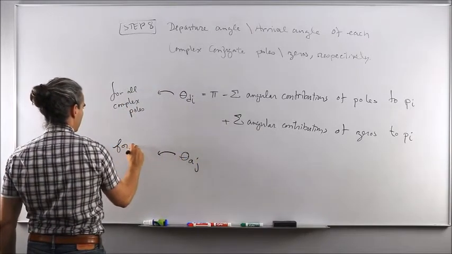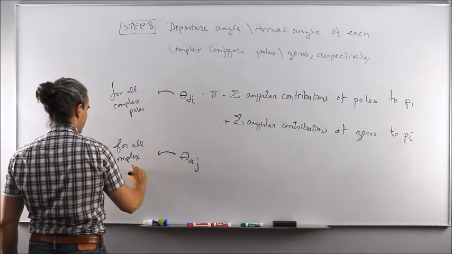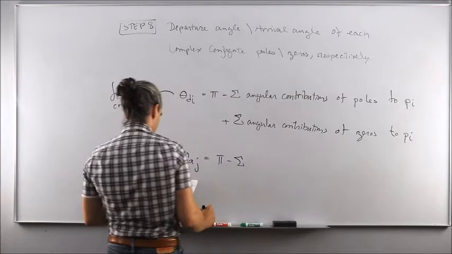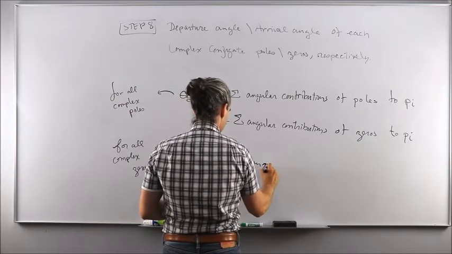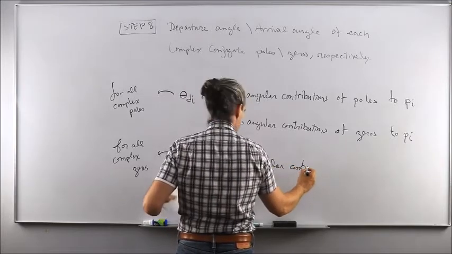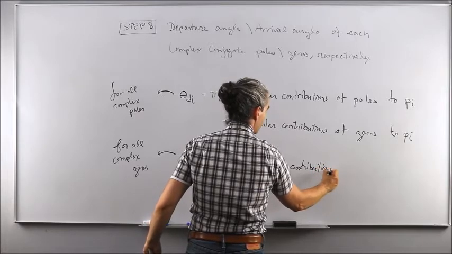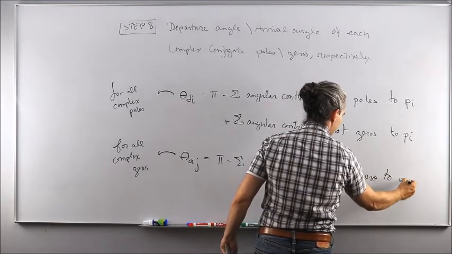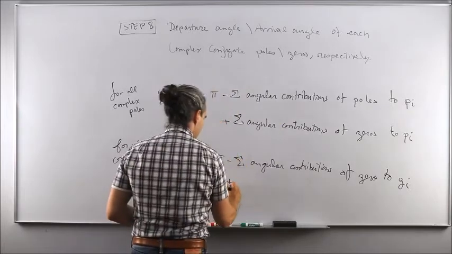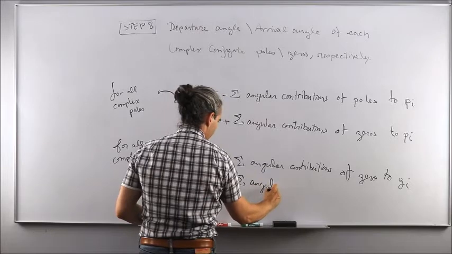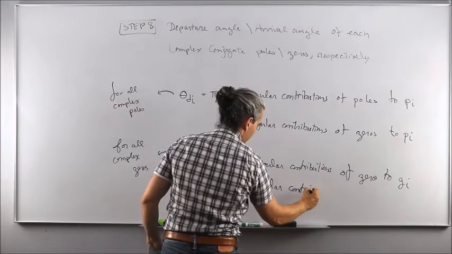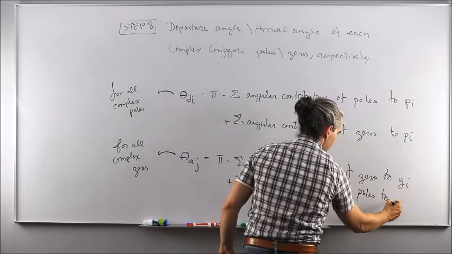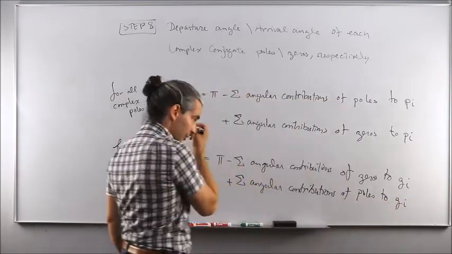I'm going to say for all complex zeros, you need to do that calculation, which is going to be pi minus the contribution of all the other zeros onto this specific one, zeros to that specific one, but then add all the angular contribution of all the poles with respect to that specific zero that you are doing this calculation for.